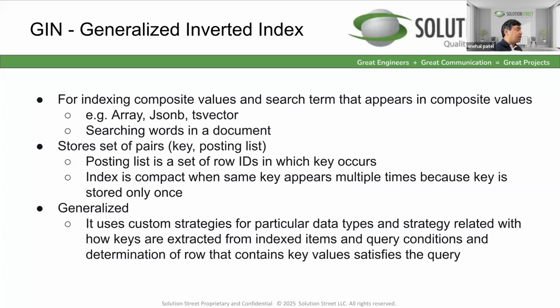For full text search, an out-of-the-box implementation is provided. In case of fuzzy search, once we enable the trigram plugin, it comes with the operator so that it can work with trigram. But it's named generalized because it can be implemented for a given domain to solve a specific problem using the data type.